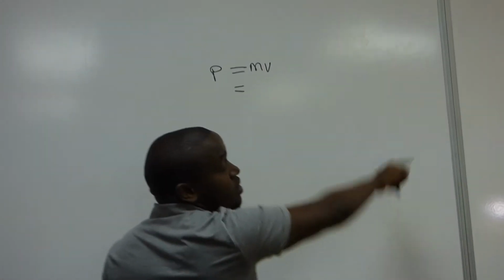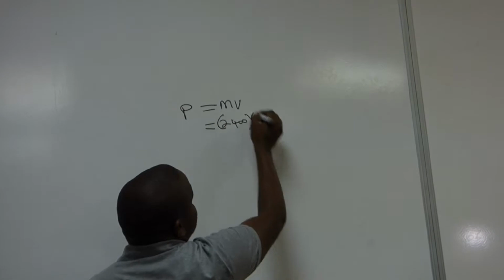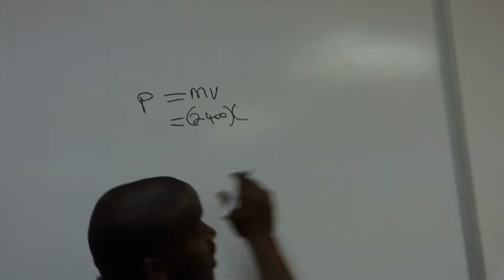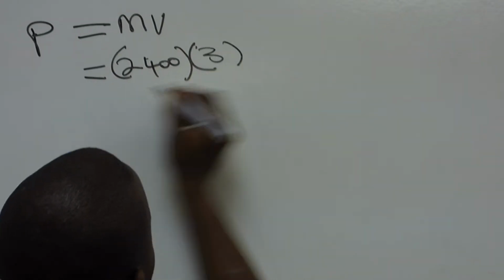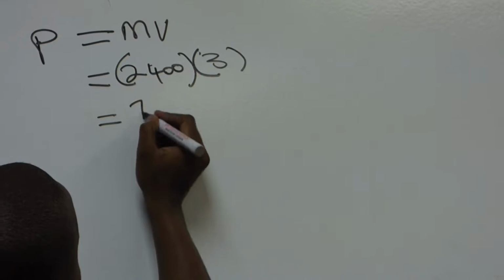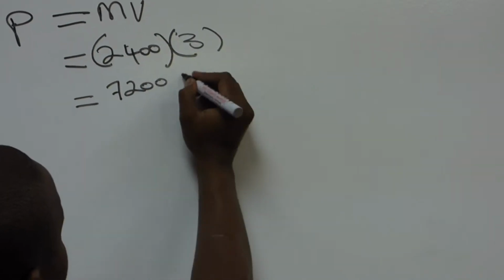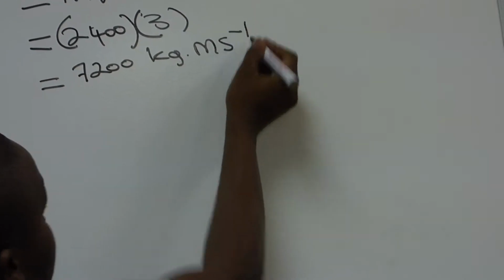What is the mass of the car? It's 2,400 kg. Then we multiply. What's the velocity? The velocity is 3 meters per second. Good. Now what's the answer? 7,200 kg meters per second.